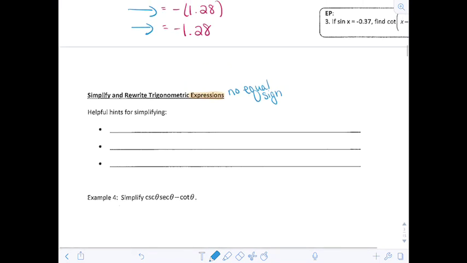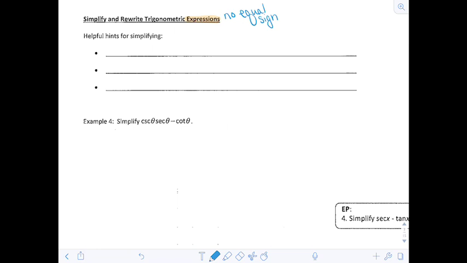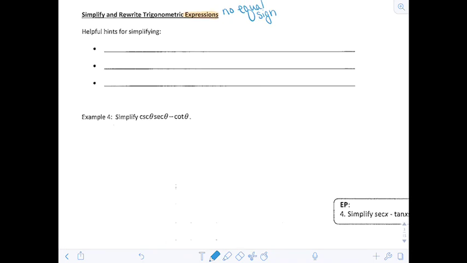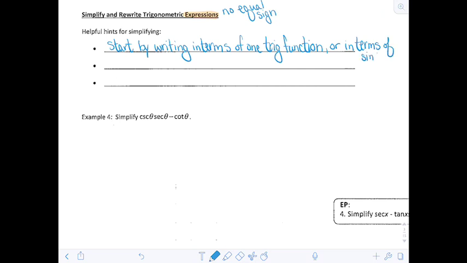The first one is, here's a hint, something you want to try to do, is to start by writing, if you can, in terms of one trig function, or in terms of sine and cosine only.